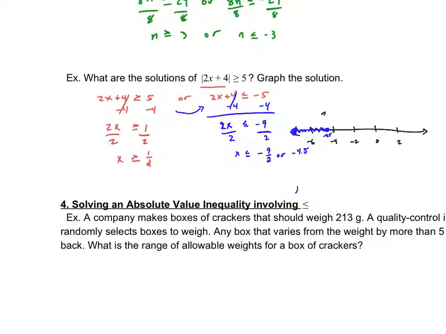Then the next answer is x is greater than or equal to 1/2, which puts me right here, in between 0 and 1, moving toward positive infinity. So there we have it graphed. We came up with our two solutions, and that is working with inequalities.